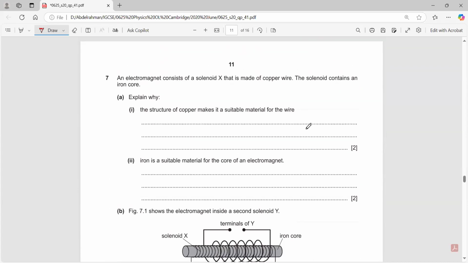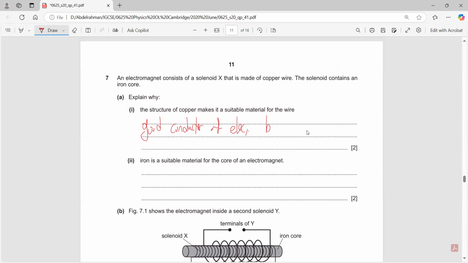An electromagnet consists of a solenoid X that's made of a copper wire, and the solenoid contains an iron core. Why? The structure of the copper makes it suitable. Why? Because copper is a good conductor of electricity.